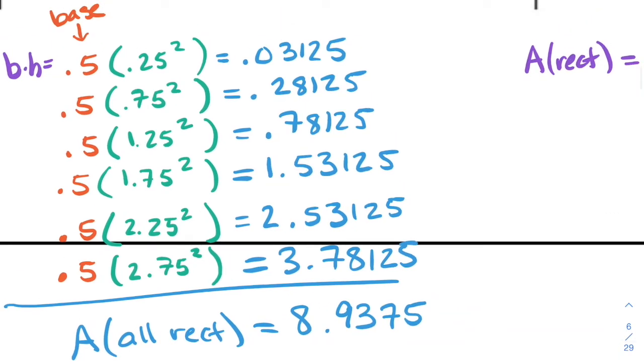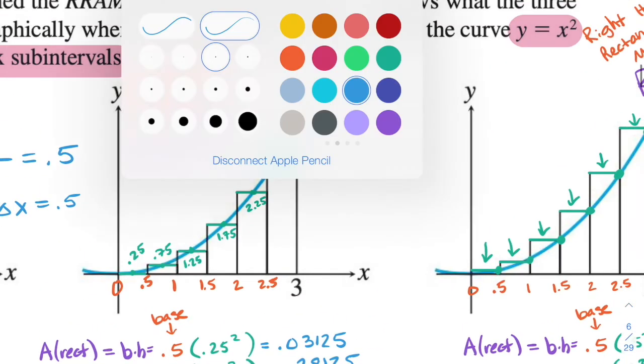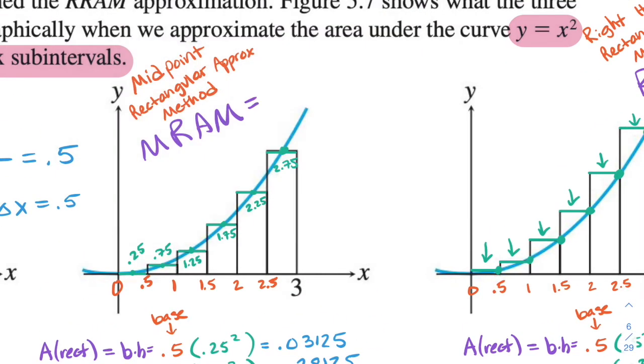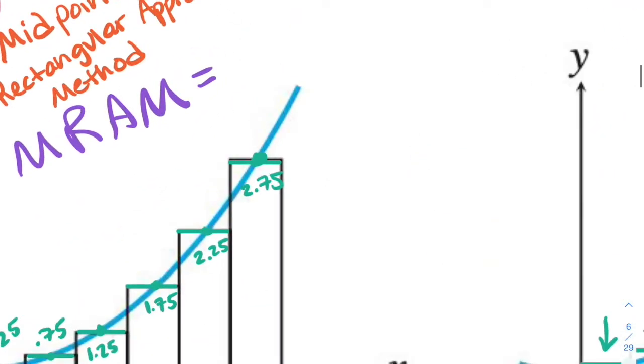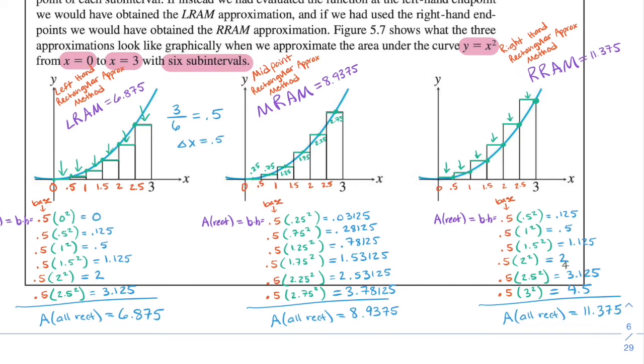Now, if I did everything right, let's see, 3, 4, 5, 6, 7.2, 8.4, 8.5, 8.6, 8.7, 8. Yeah, that looks good. 8.9375. Okay? Those are the three methods. Pretty much those are the notes.